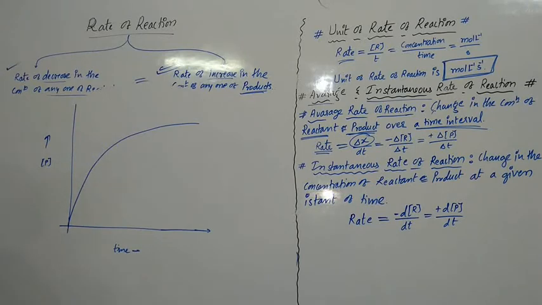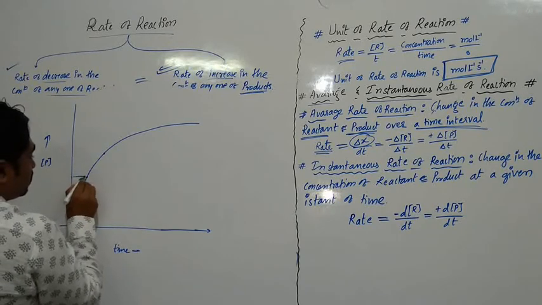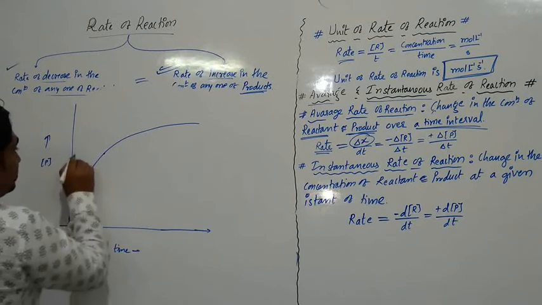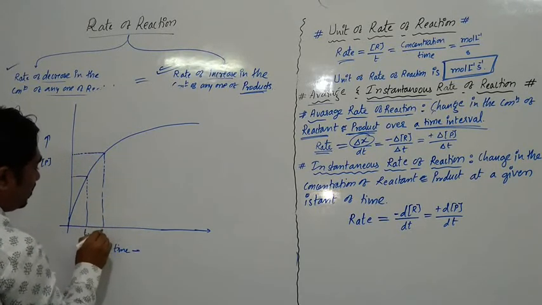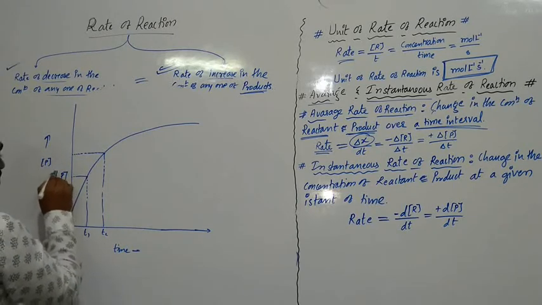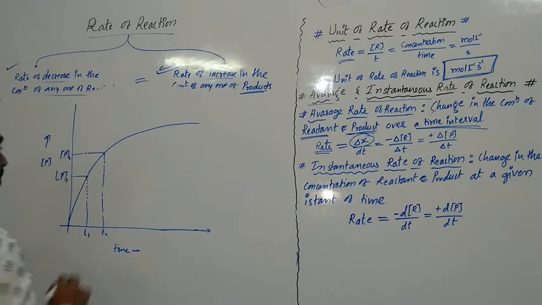Here if I want to calculate the average rate of reaction in between these two points, how to calculate? So this is my time t1. At this point the time will be t2, and this is our product P1, here the product P2.